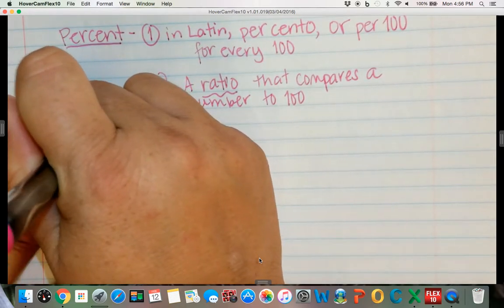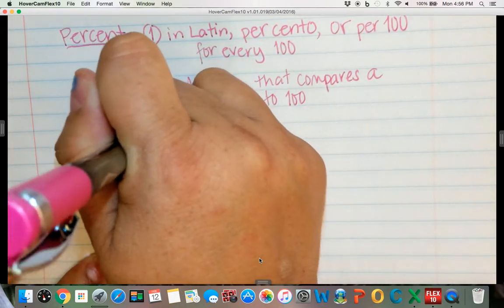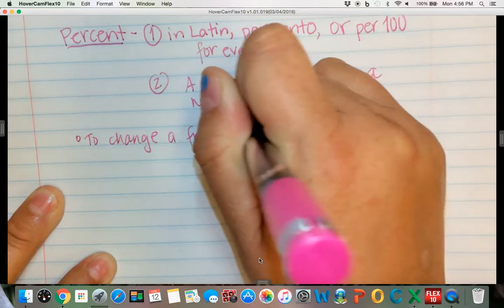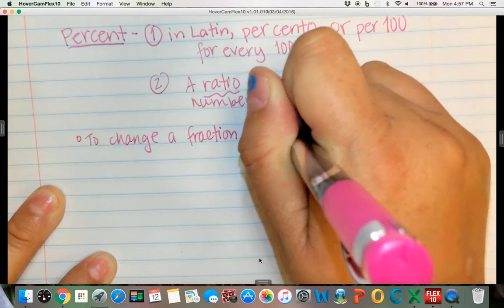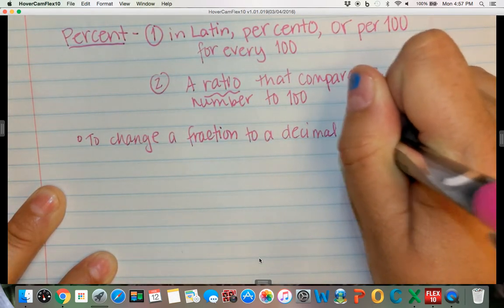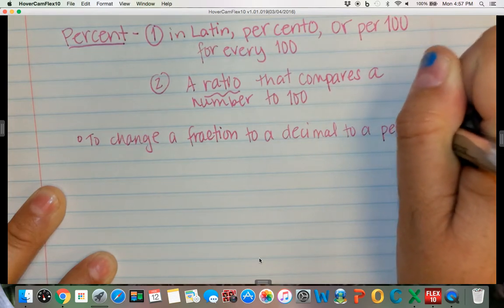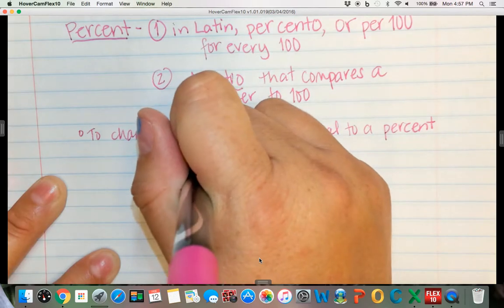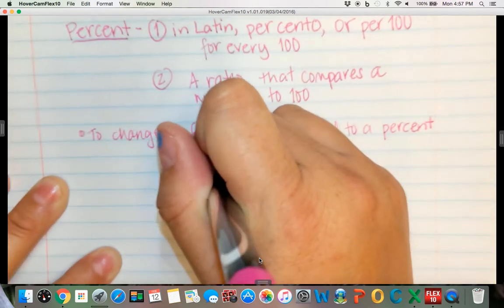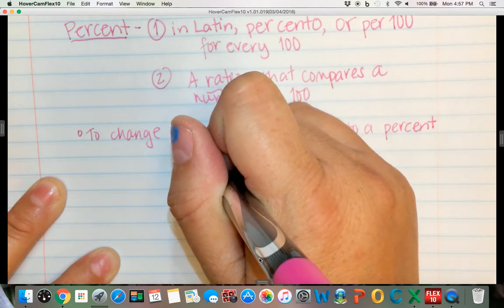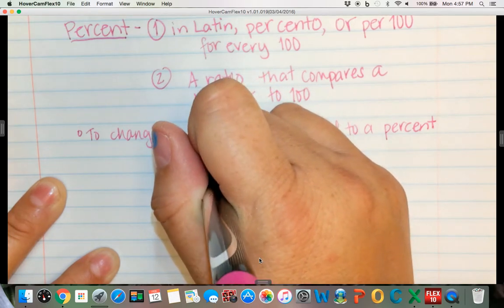So let's write it down. To change a fraction to a decimal to a percent. The first way is if you can easily get the denominator to 100 by multiplying, then get it to 100.